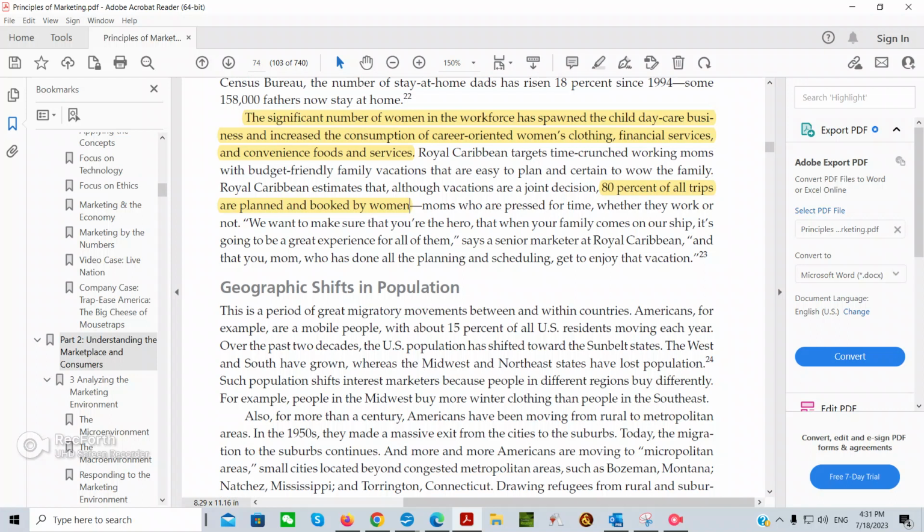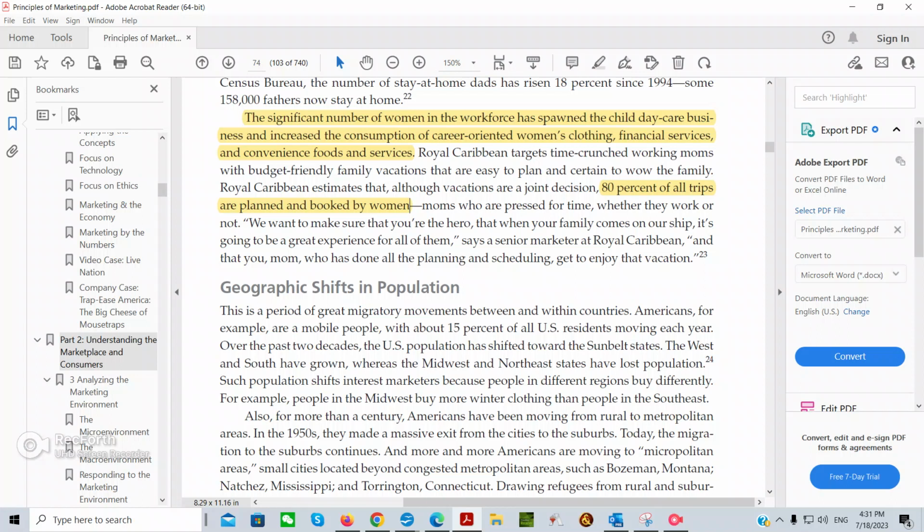Remember, we talked about there are also geographical shifts in the population. When people move, that changes the marketing as well. There is a period of great migratory movements between and within countries. Americans, for example, are a mobile people, with about 15% of all U.S. residents moving each year. Over the past 2 decades, the U.S. population has shifted towards the Sun Belt states.